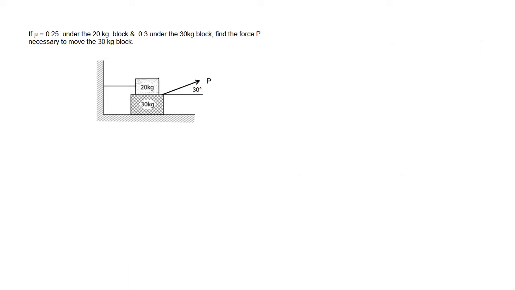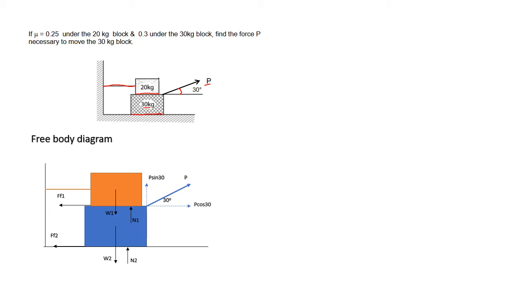Alright, last example. Here we have two bodies, one on top of the other. So we got the 20 kilogram on the top, and it is tied to the wall to keep it stationary, while the 30 kilogram block is being pulled by a force at a 30-degree angle. Now let's draw the free body diagram.